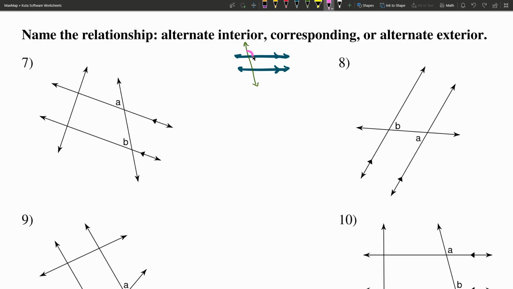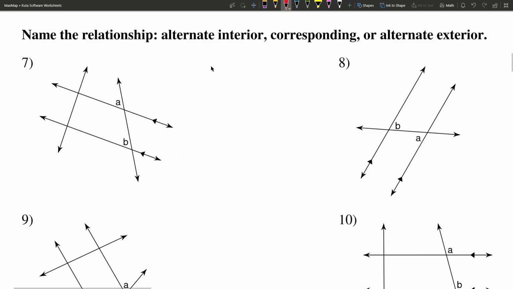So if I have this angle here, alternate exterior, I'm going to go to the outside of the other parallel line, and that's going to be the alternate or opposite angle here, which are also the same measure. So another pair of alternate exterior angles would be this angle here and this angle here, which again, helpful later on, are also equal in measure. So now that we went over alternate interior, corresponding, and alternate exterior, let's dive in.